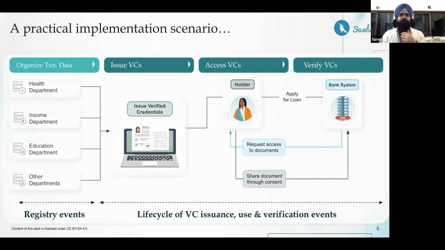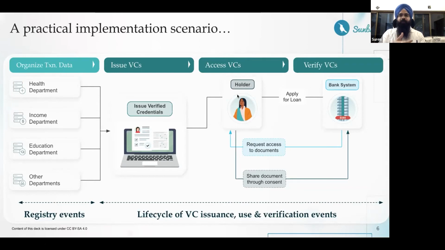Say an employee who is working at a company is trying to apply for a loan, and they get various proofs from the health department, from the income department, from education, and from various other departments: the proof of income, the proof of their health, the proof of their training and education, and whatever other proofs they need, which makes them a credible person eligible for a loan or a certain scholarship or financial aid.